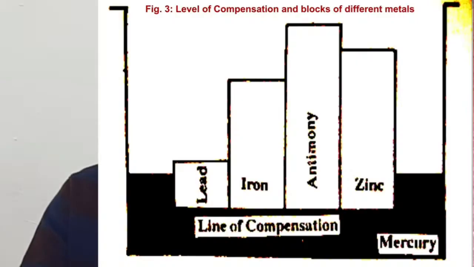According to Pratt, different relief features are standing only because their respective masses are equal along the line of compensation because of the varying density. This concept may be explained with the help of an example. The figure on the screen shows the level of compensation and blocks of different metals.